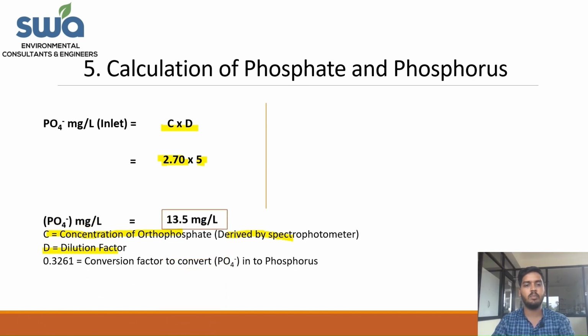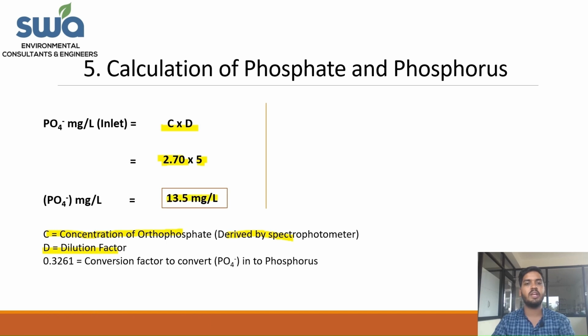So the answer will be 13.5 milligram per liter. This is for the inlet sample. And if we want to calculate the total phosphorus in inlet, we have to multiply this 13.5 with 0.3261. So what is 0.3261?